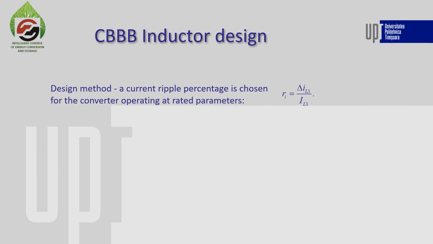For the inductor design, a method considering a current ripple percentage is chosen. So we start by choosing the ripple percentage. The ripple percentage is a ratio between the inductor current ripple and the average inductor current. Usually we choose values between 20% to 40%.